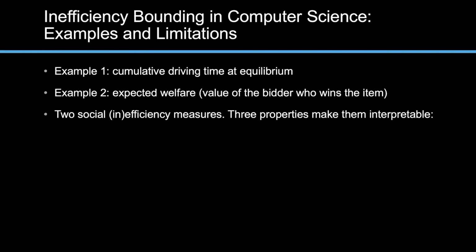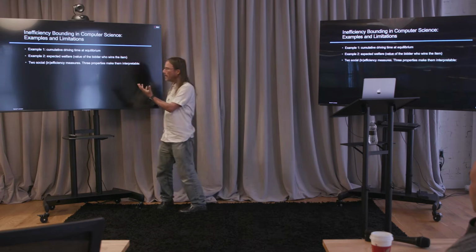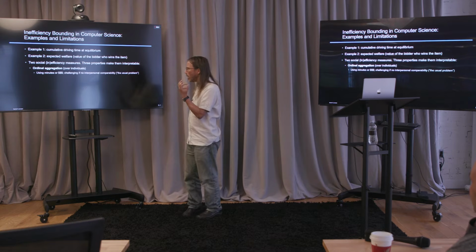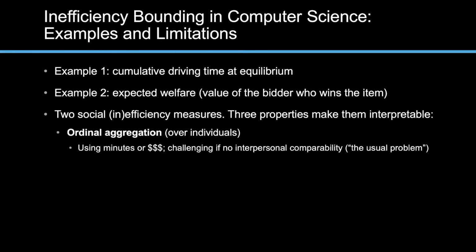So we have two examples. Each of them has what you might call a social inefficiency measure. One of them is the driving time. The other one is the expected welfare. That's a social efficiency measure. And there are three properties that make these interpretable in an economic sense. One of them is that they aggregate ordinally over the individuals in a way that makes sense.